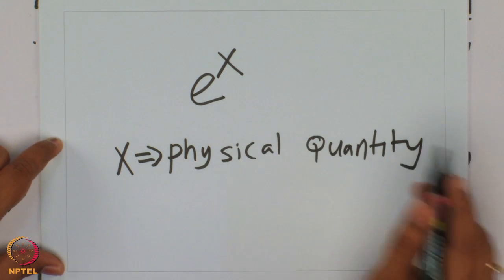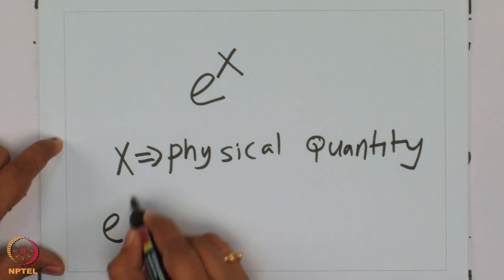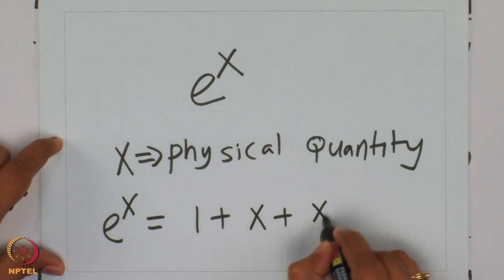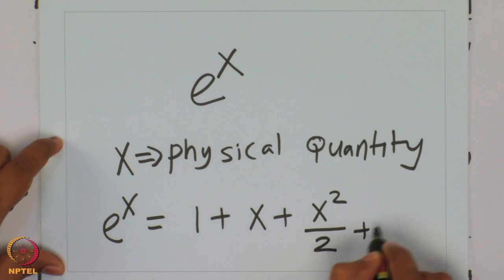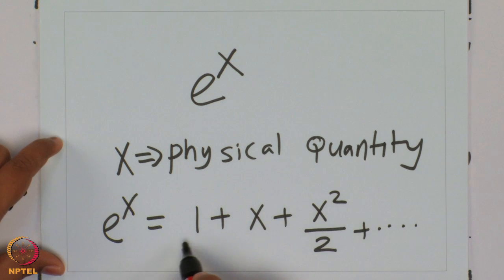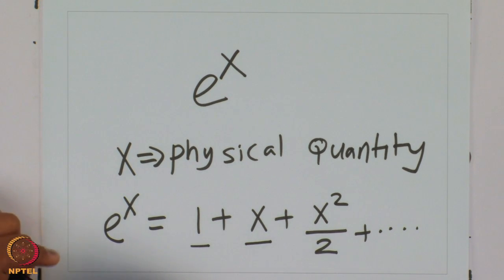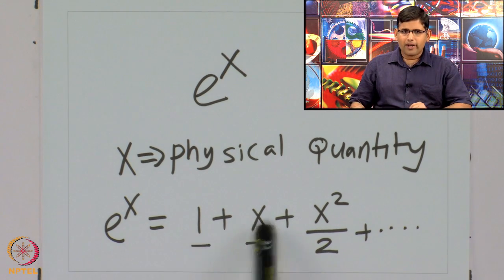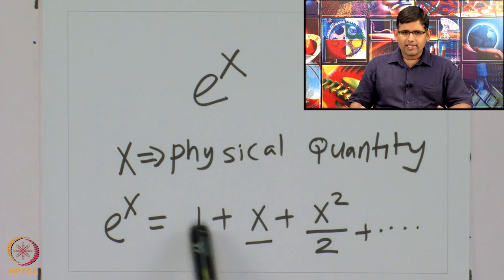But if you look at this expansion here, e power x is 1 plus x square divided by 2 plus dot dot dot. So you can see that 1 plus x. One fundamental physical rule is that when you add two quantities, here you are adding 1 and x, they should have the same dimension. 1 is a number which has no dimension.